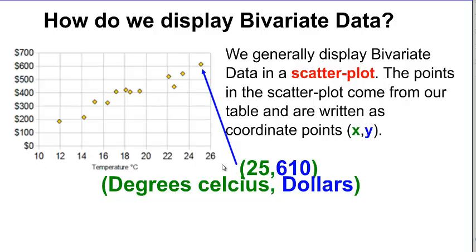So in this case, our degrees Celsius and dollars are our two variables. And so this point up here is the point (25, 610), 25 being our degrees Celsius, 610 being our dollars. We always want to make sure we understand how to graph that point and what each of the variables is and represents in our situation.